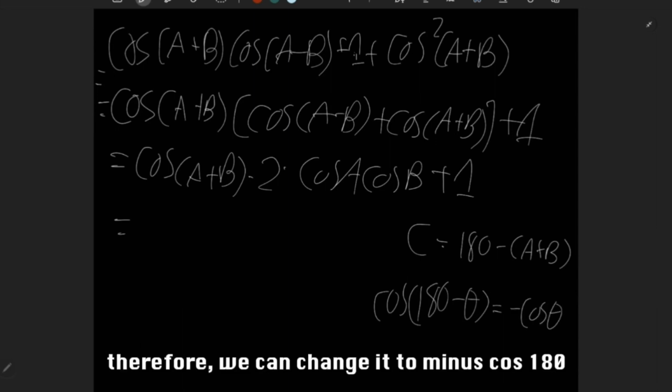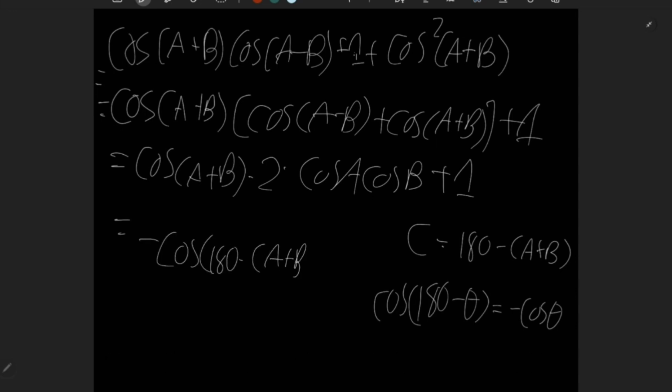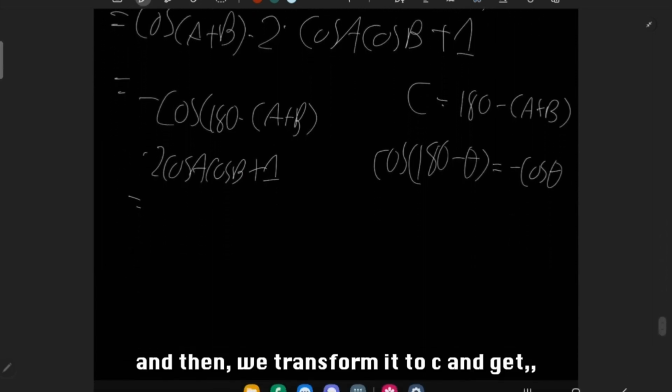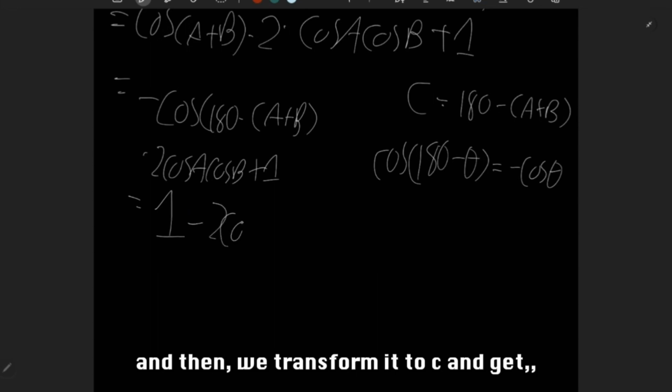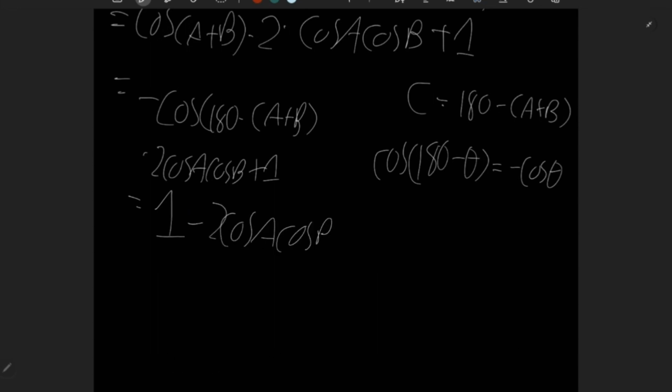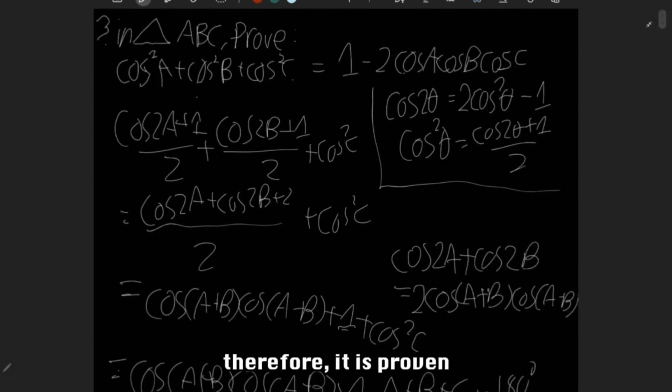Therefore, we can simply change it into minus cos (180 minus (A plus B)) times 2 cos A cos B plus 1. And then we transform it into C and we'll get 1 minus 2 cos A cos B cos C. Therefore, it is proven.